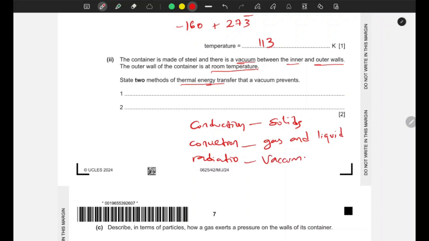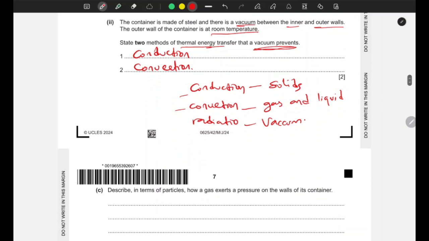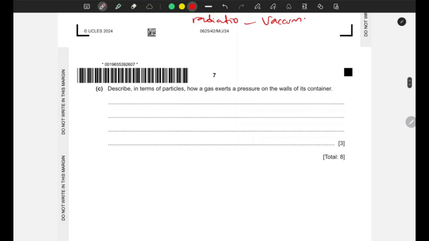So that's a quick recap. So state two methods that a vacuum prevents. So conduction and convection cannot pass through a vacuum, or that cannot happen when there's a vacuum. So our answer is going to be conduction and convection. That's our answer.